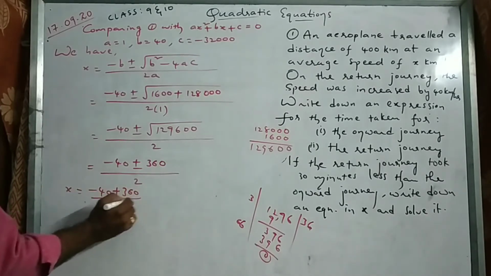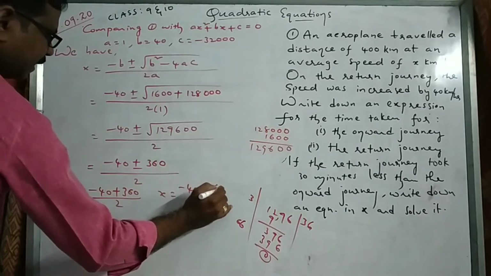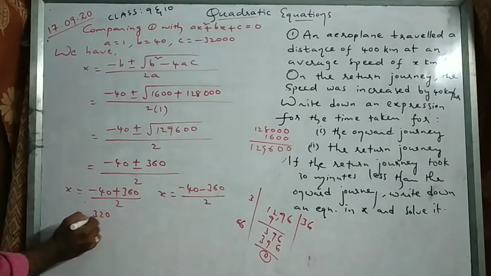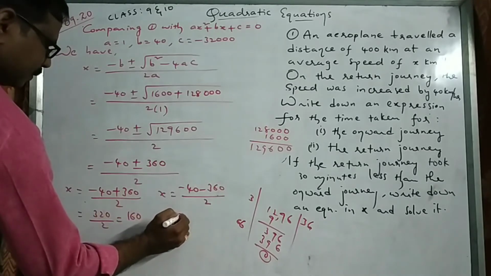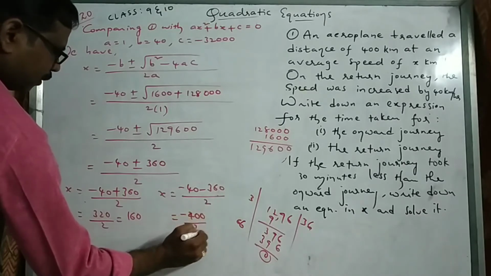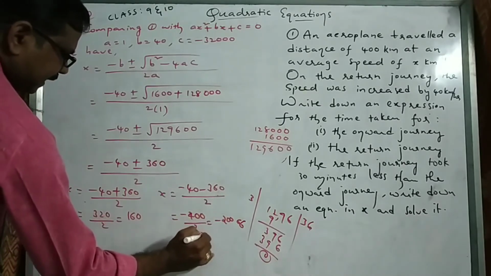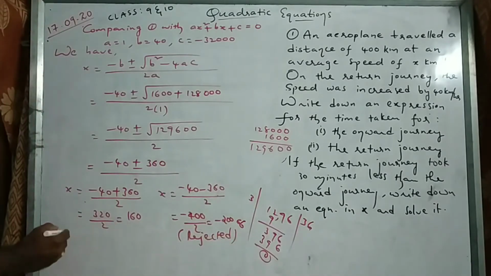So x equals minus 40 plus 360 upon 2, x equals minus 40 minus 360 upon 2. So this will be 320 upon 2, which means 160. This is minus 400 upon 2, which means minus 200. It is rejected. Why? Because speed cannot be negative.